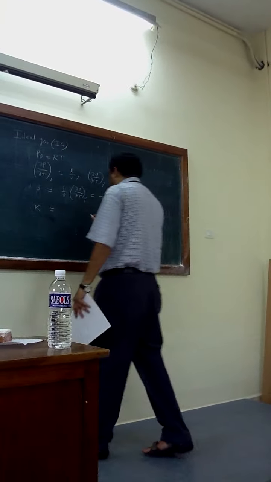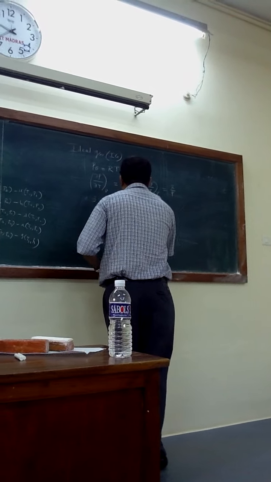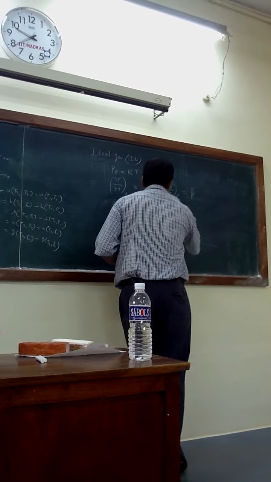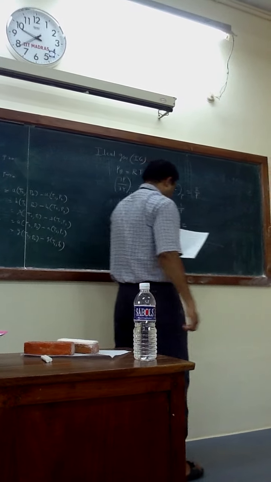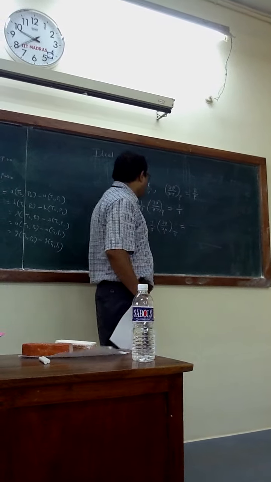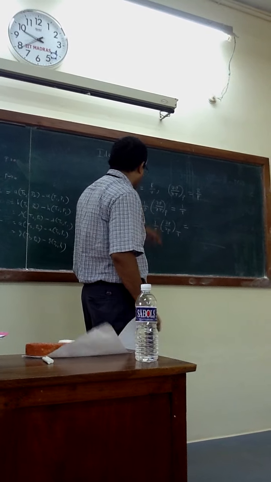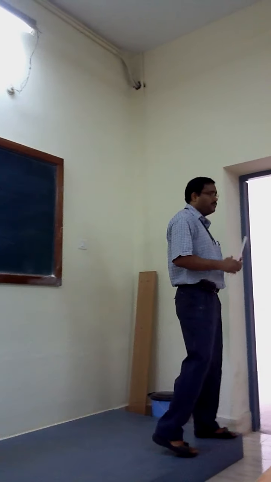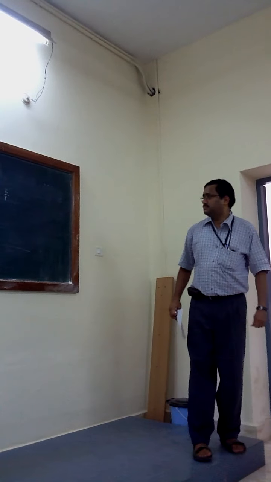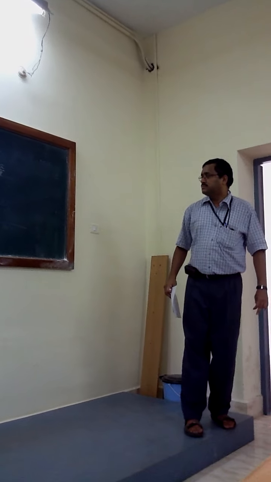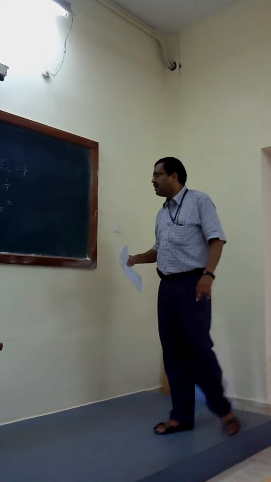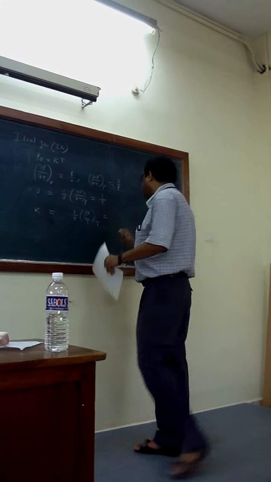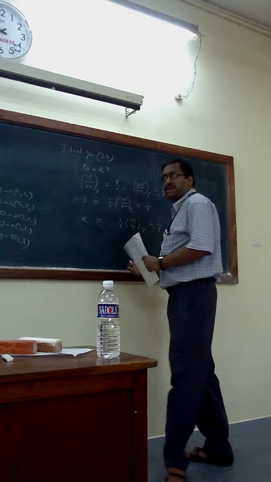Kappa is minus 1 by V dou V by dou P at fixed T. From here you can calculate, how much are you getting for kappa? 1 by P. All of you agreed?